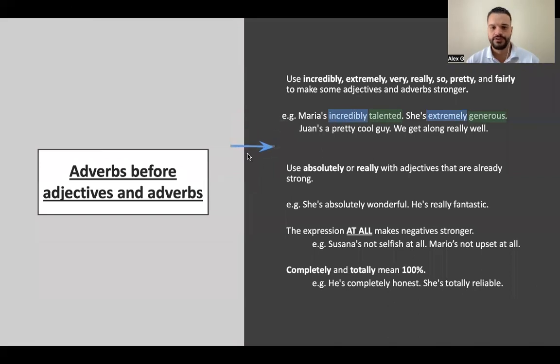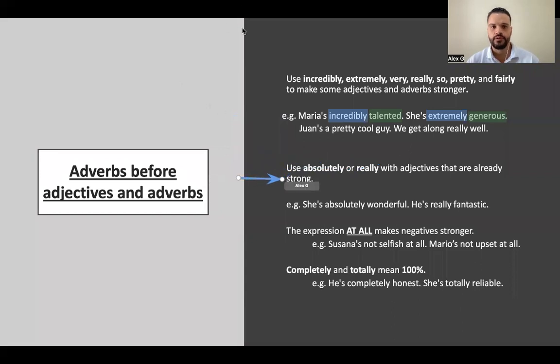Another way that we can use adverbs is with strong adjectives. So for strong adjectives, we want to make sure that we use absolutely or really with adjectives that are already strong.